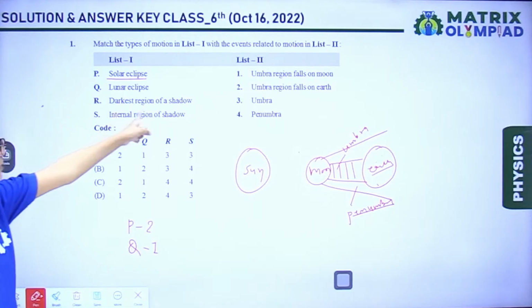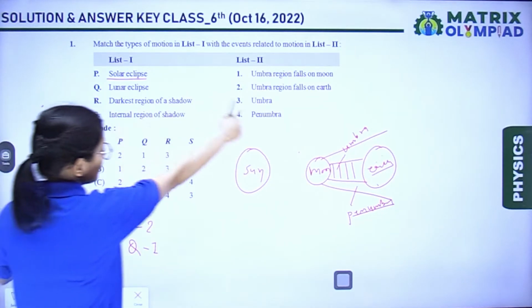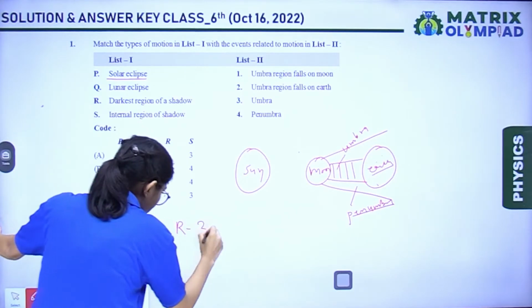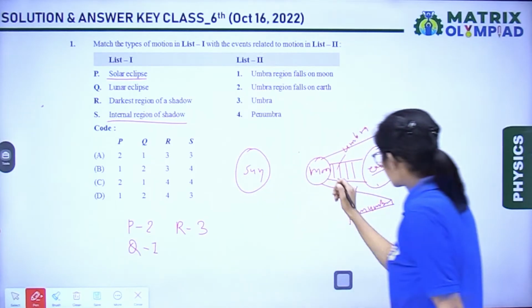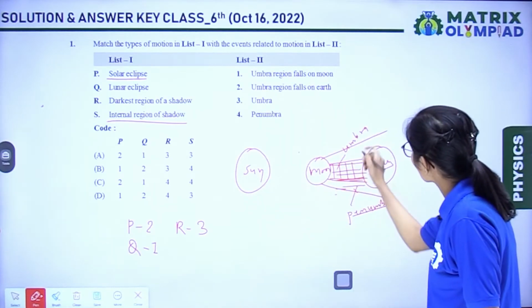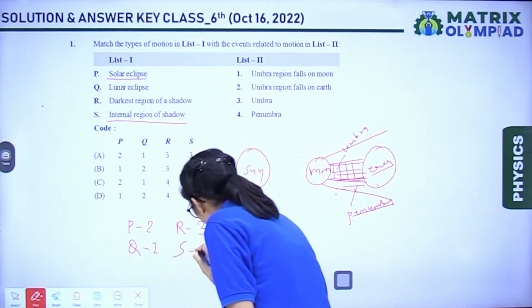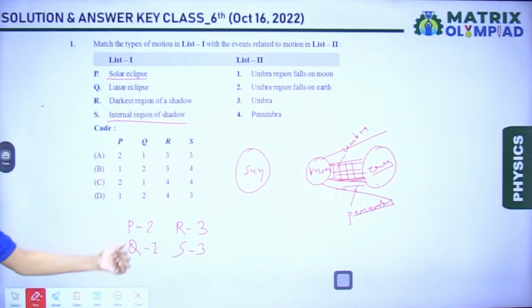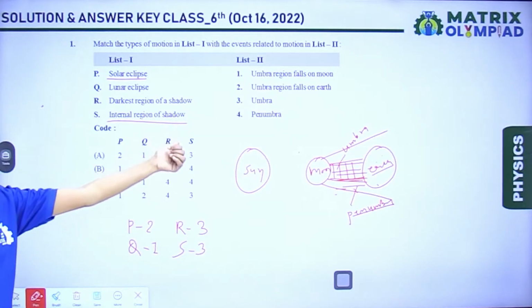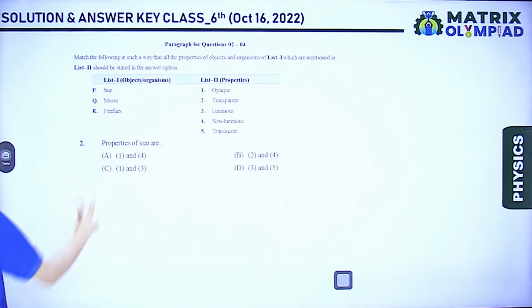If I'm talking about the darkest region of a shadow, that is umbra, so for this, the third option will be matched. If I'm talking about the internal region of a shadow, this is known as umbra, so for S, that will be third. So let's see which option matches: P2, Q1, R3 and S3. So for our first question, A will be the correct answer.